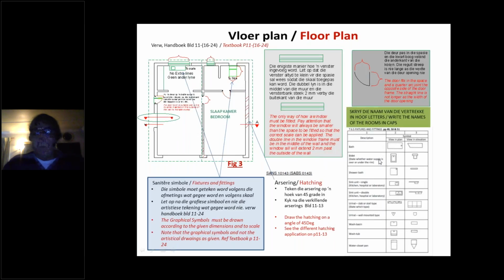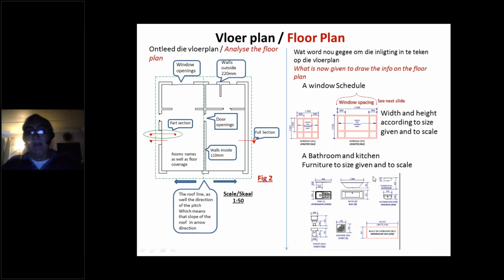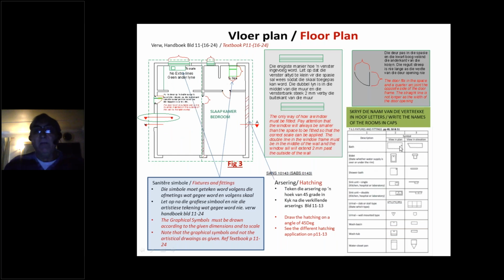If you see that in the question paper they give a drawing of a bath like that, in real terms, by convention, a bath should be drawn in plan view like this and in elevation like that. There's no other way that it's done.